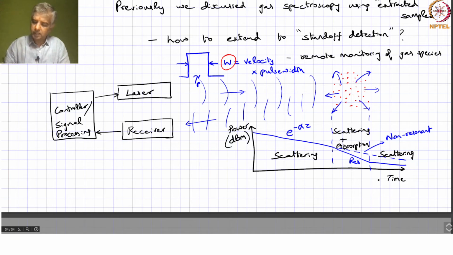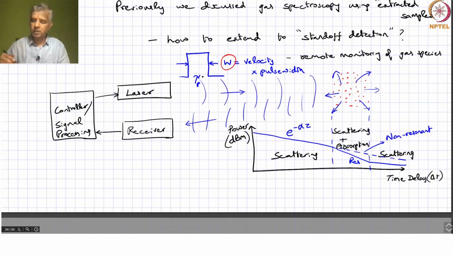What you are essentially plotting here is the time delay, let's call it delta t. Time delay with respect to the time that we initially shot out this pulse, right? So you shoot the pulse and you start counting 1, 2, 3, 4, 5, and so on. That's essentially the time delay.